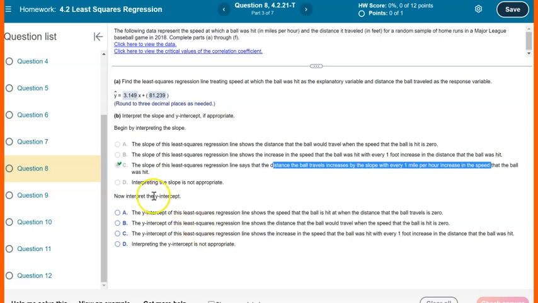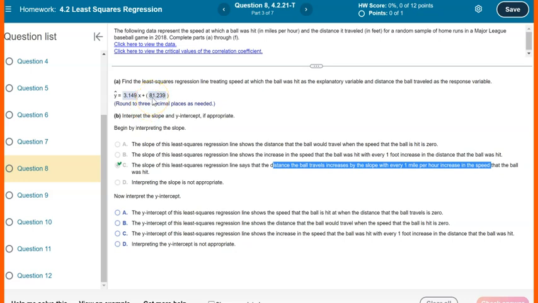Question number 3. Interpret the y-intercept. The y-intercept is when the x value is 0. In other words, when the speed is 0. And if speed is 0, then the predicted distance the ball travels is going to be 81.239. That's the y hat when x equals 0.